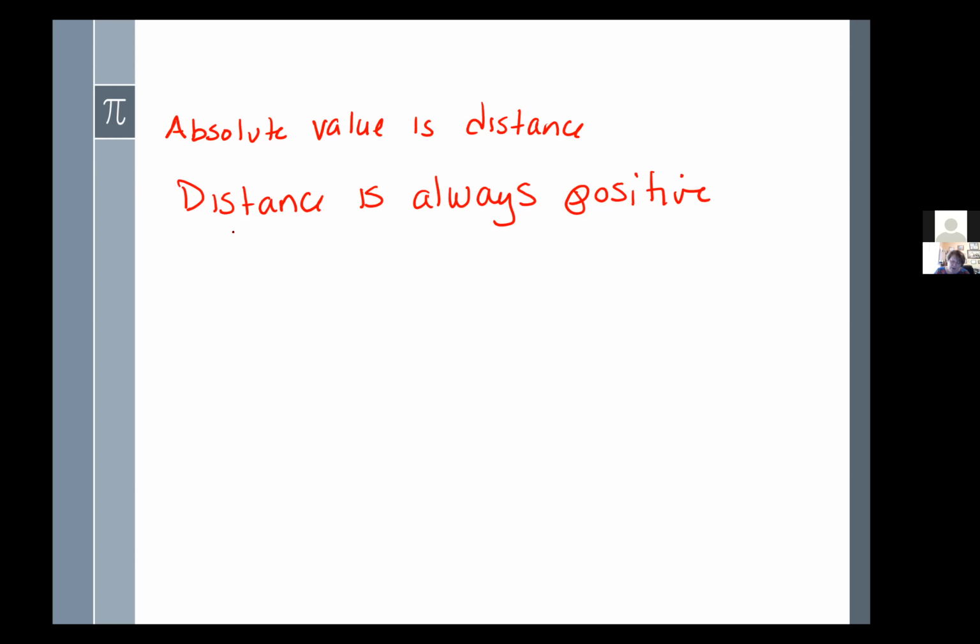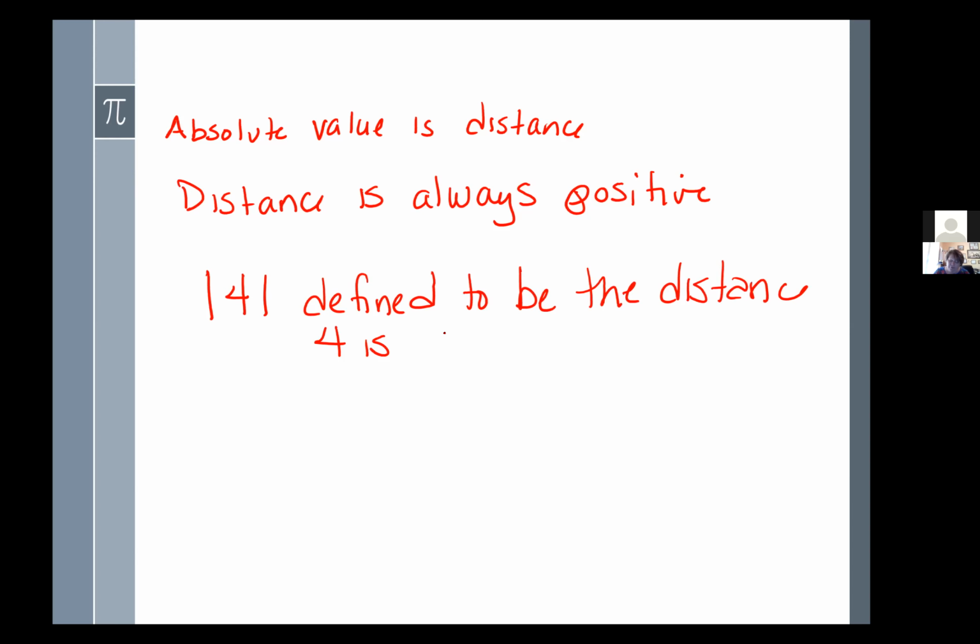Okay, so if we look again at the absolute value, this is defined to be the distance from 0. So if we look at the number line again, there's my 4 right there.